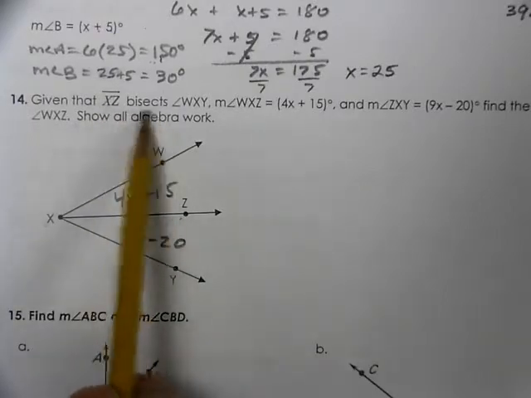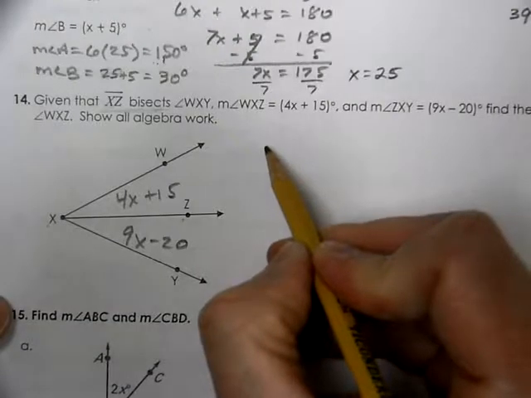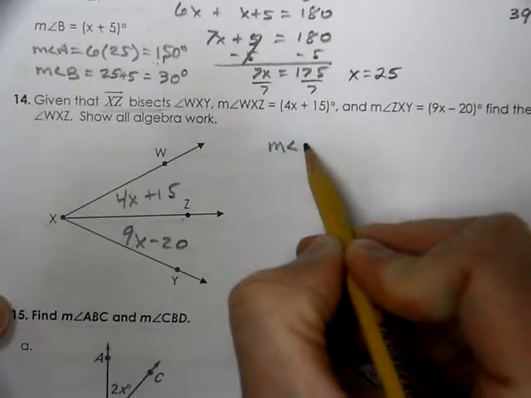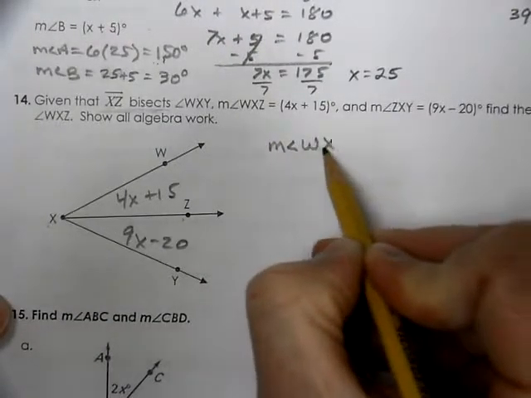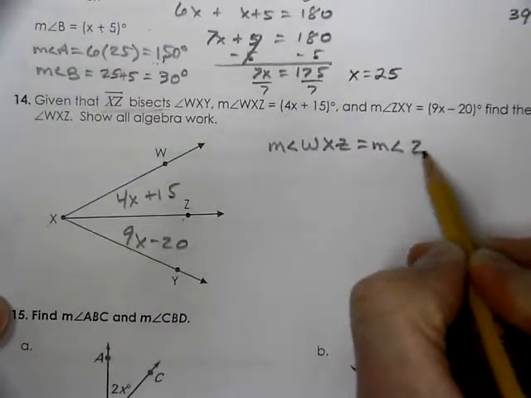And this vocab word here, bisects, means it cuts it in half. We know that the measurement of angle WXZ is going to equal the measurement of angle ZXY.